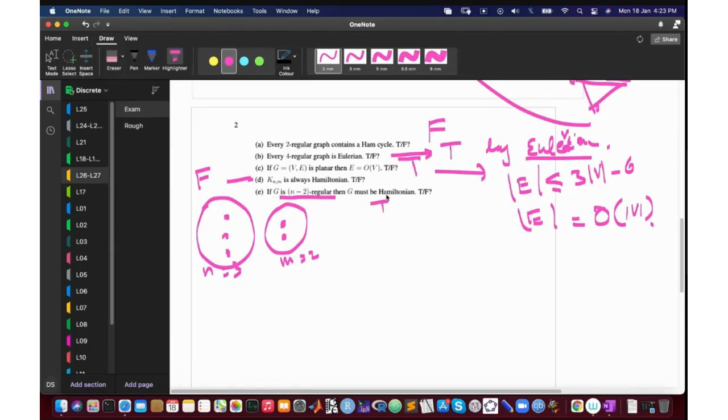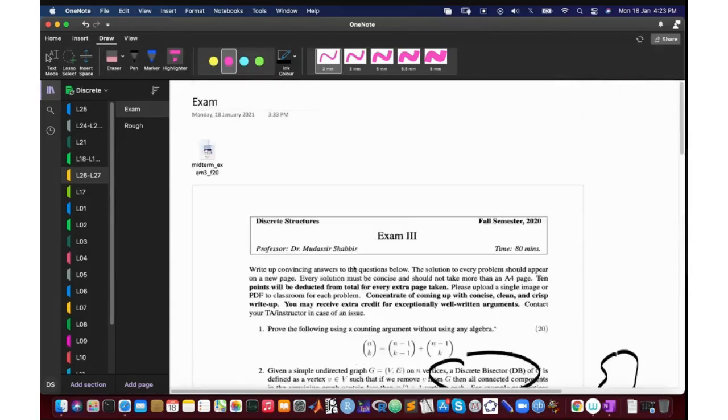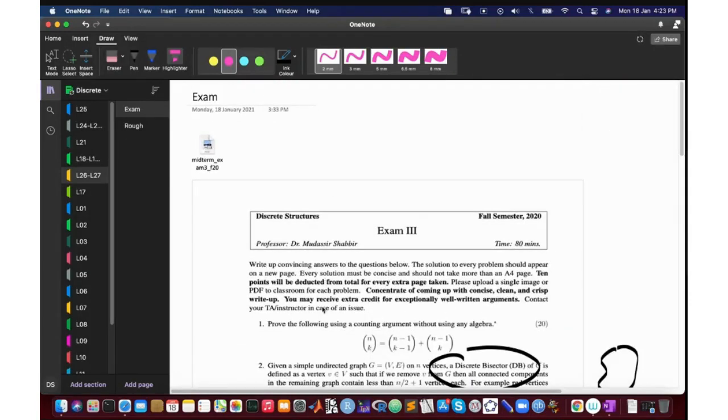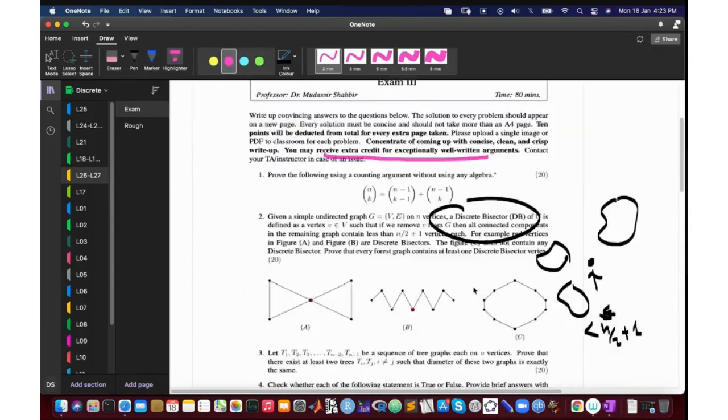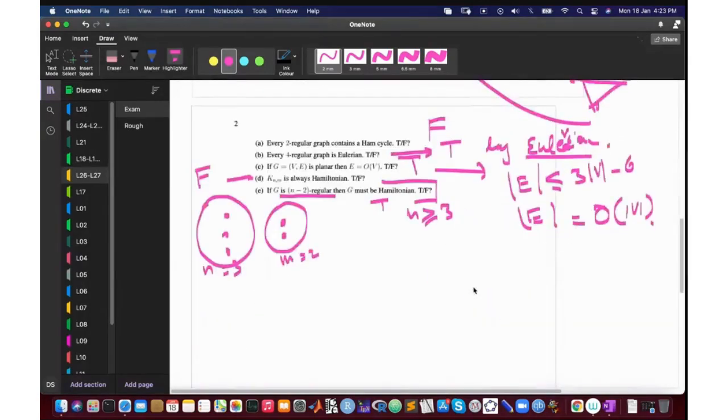That's why I was saying I had kept some margin for ingenuity. If for example n is more than or equal to 3, I think this condition becomes true. So that was for ingenuity, which is why above, only for this part, I had written that extra credit would be given for exceptionally well written arguments.